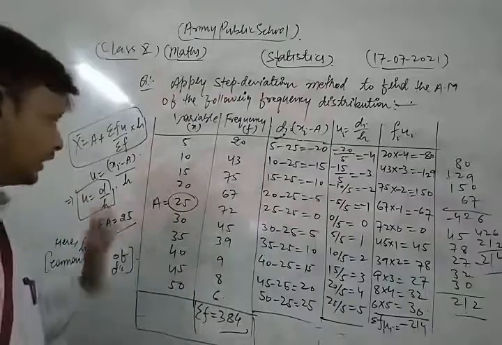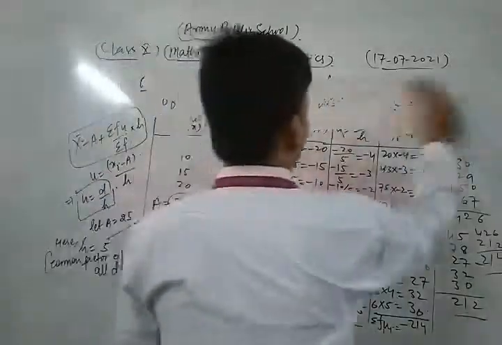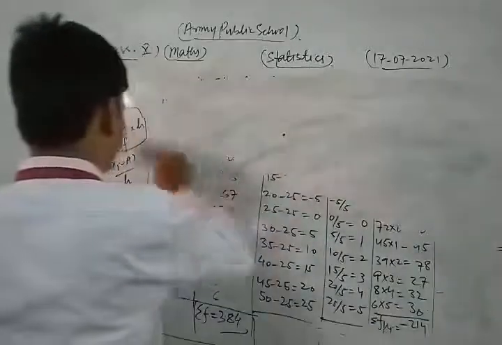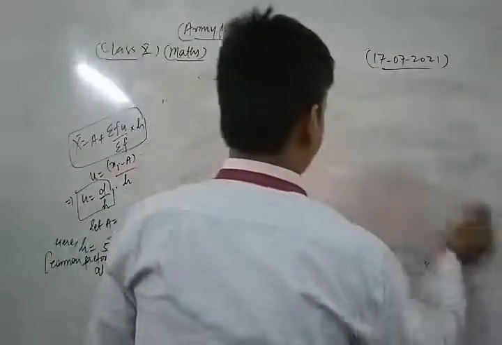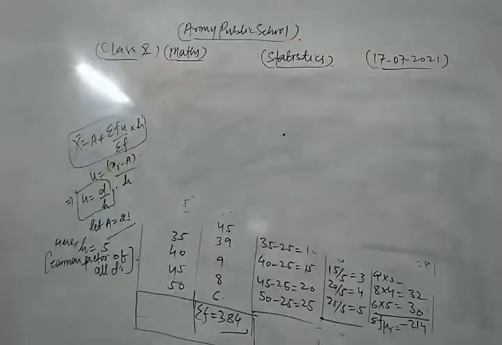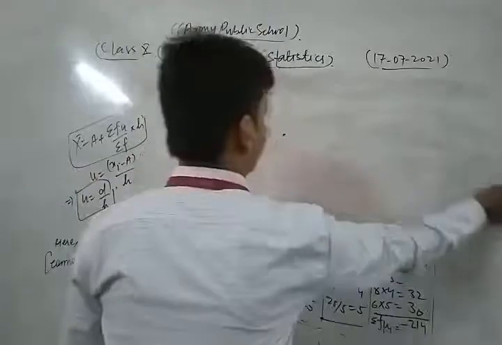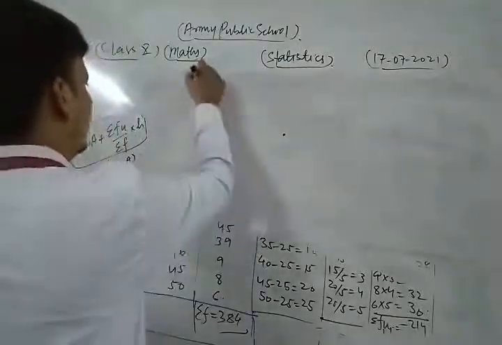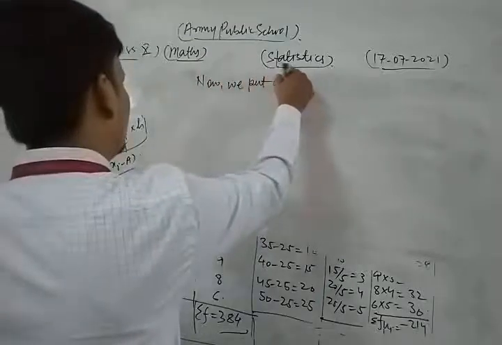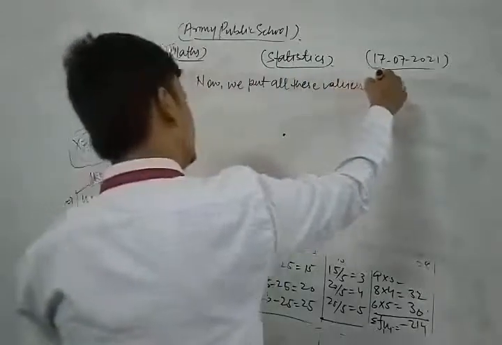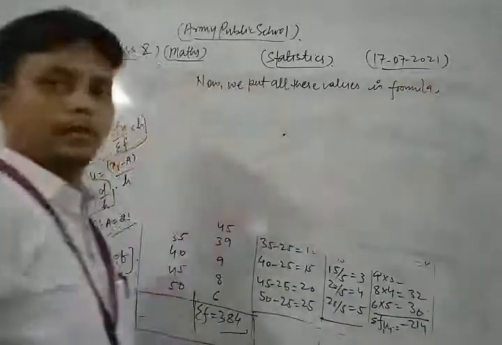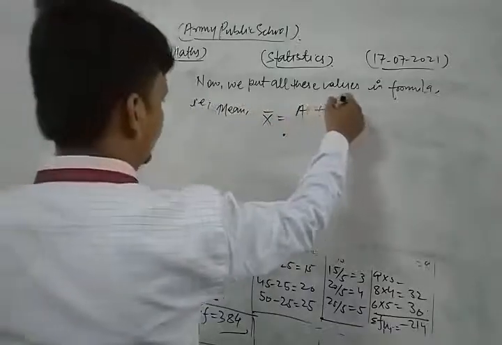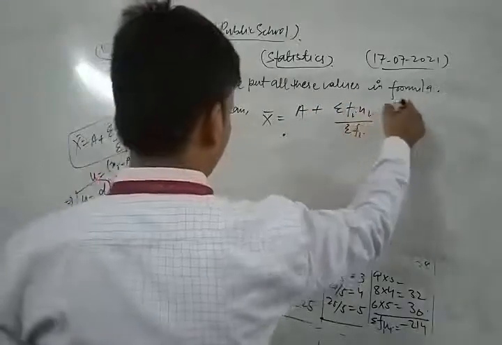We put all these values in that formula. The mean x bar is equal to a plus sigma fi ui upon sigma fi into h.